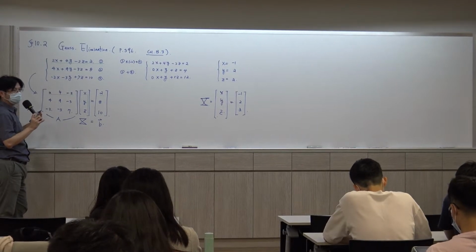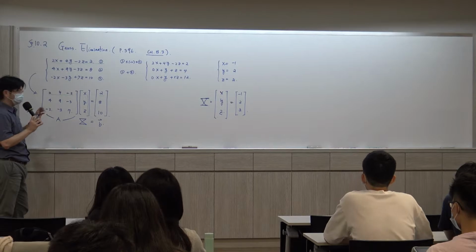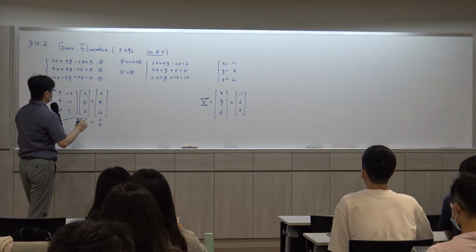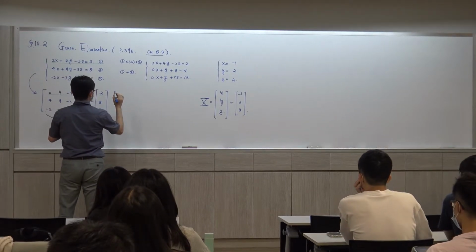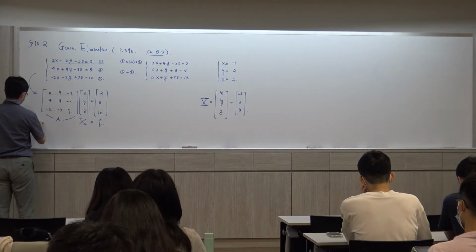We usually use the augmented matrix, also called 增广矩阵, augmented matrix. What is the augmented matrix? Let's write it down here.